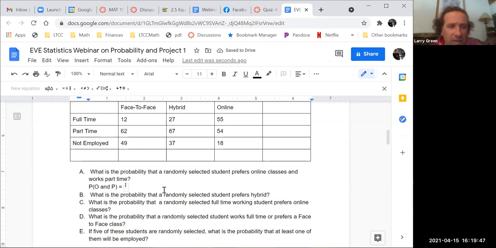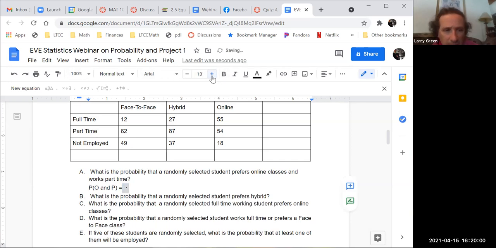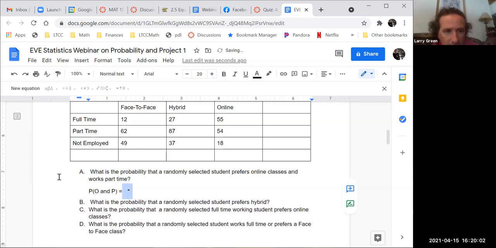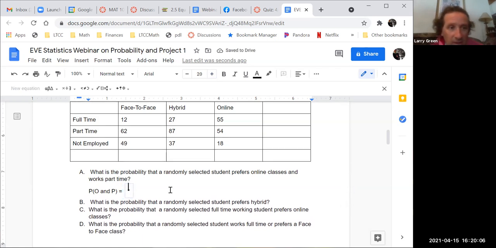Okay, what is the numerator going to be? There's very little work to do, but you have to understand it. Because we want online and part-time, what will the numerator be?